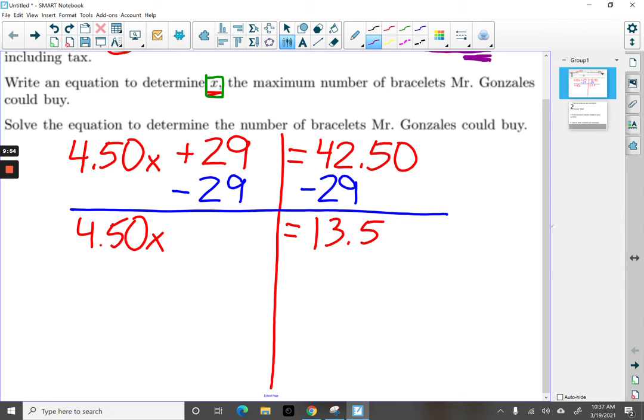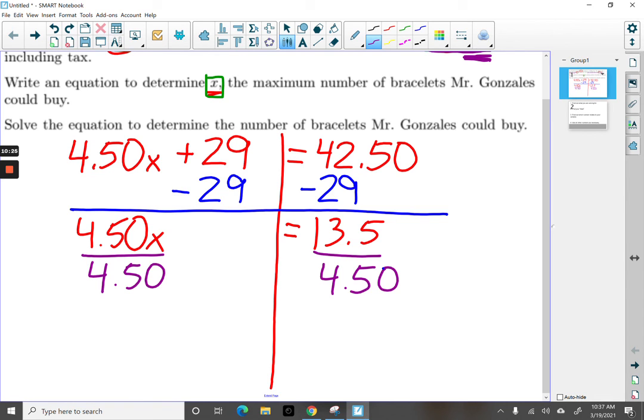Now my last step here is to get rid of this $4.50 that's next to my variable. My goal in every equation is to isolate the variable, get it on its own side by itself. We are going to do the opposite of multiplication, which is division. Divide by $4.50, divide by $4.50. And this 4.50 divided by 4.50 is just 1.